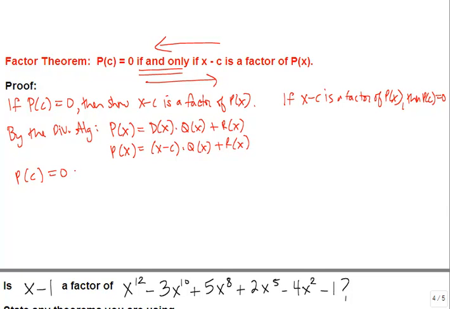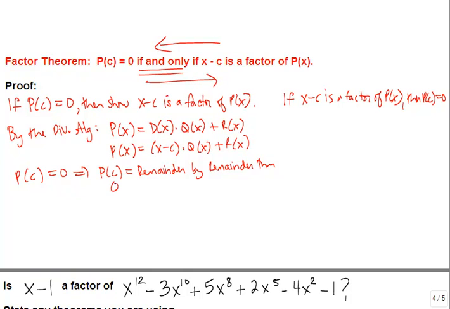Now, if we were to know that P of c equals 0, what does that tell us according to the remainder theorem? So P of c equals 0 implies that P of c equals the remainder by the remainder theorem. That's what we said earlier, that your remainder, when you do your division, is always equal to the value of P at c.